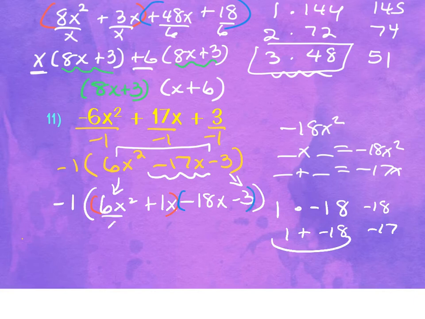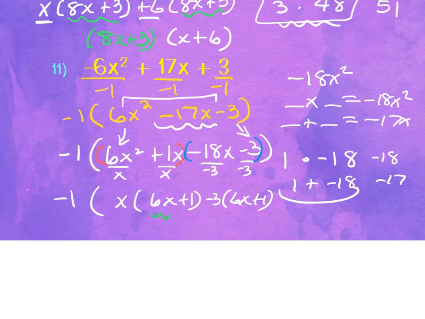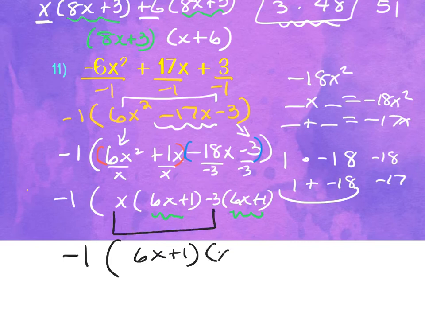GCF of red is just going to be an x. GCF of the blue group is going to be -3. This is the same. So you're going to write the GCF, then you're going to take that 6x plus 1 that was the same, and then put these two together.